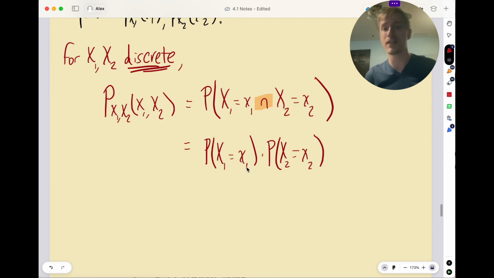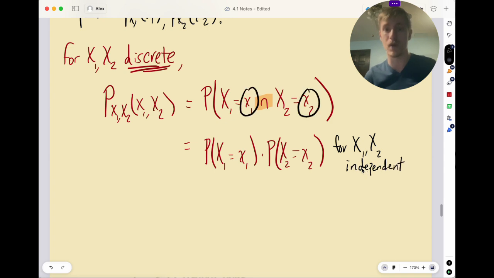Right? An intersection splits up into multiplication of these separate probabilities if x1 and x2 are independent. So this is for the random variables x1 and x2 independent. That means that this condition holds for whatever values of little x1 and little x2 I have.